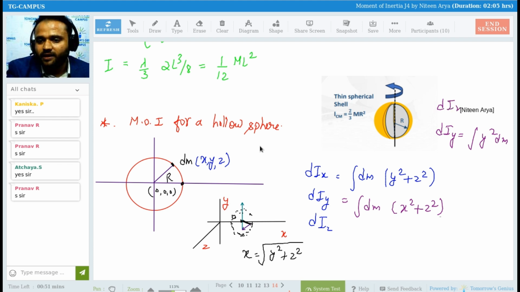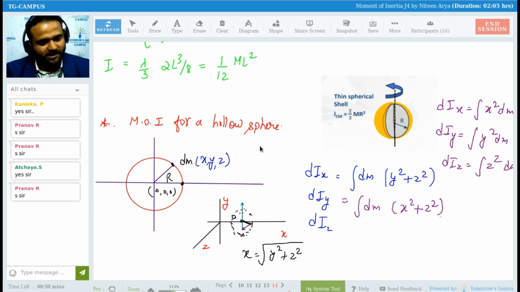Similarly, dIx is nothing but the integration of x square dm, and in the same sense, dIz is nothing but z square dm. So dm is going to be the same small particle. We have n number of particles, a huge amount of particles, so that is simply dm.